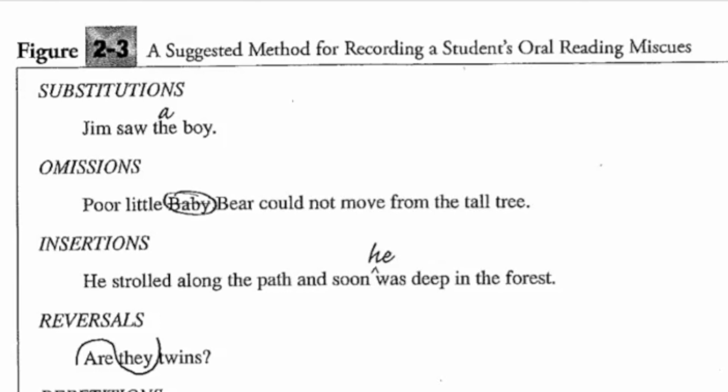Sometimes on a substitution, we also have another category of substitution called a mispronunciation. It's still a substitution, but that might be if a child says a word that's not even a word. It's like a nonsense word or whatever. And so you could go in there and just write kind of phonetically above what it sounded like they said. Or sometimes it's just saying the word inaccurately.